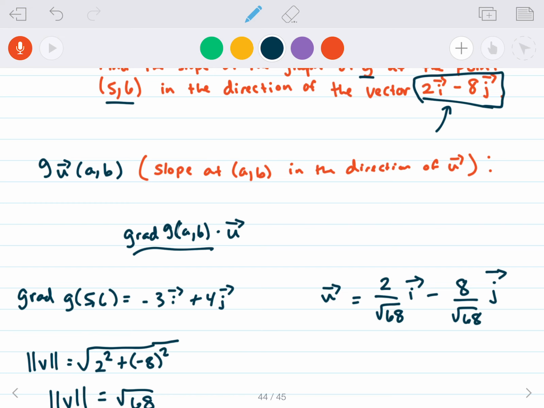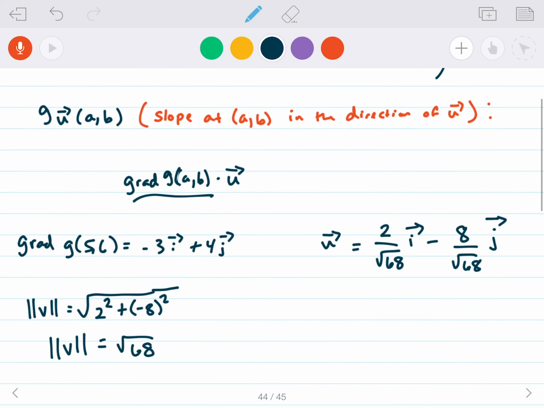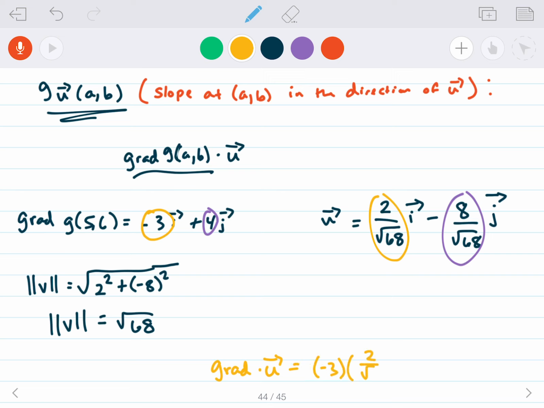And to figure out what my slope is, I have to find my directional derivative, which is this. So I'm just dotting these two together, right? I'm just multiplying corresponding components, adding them up. So gradient dot u is equal to negative 3 times 2 over root 68 plus 4 times negative 8 over root 68.